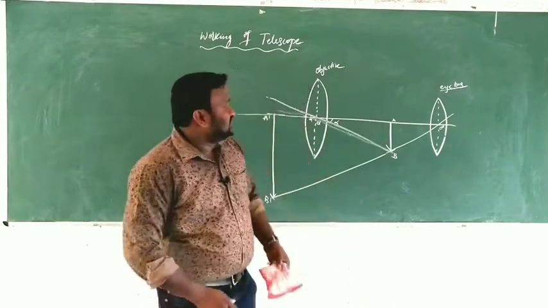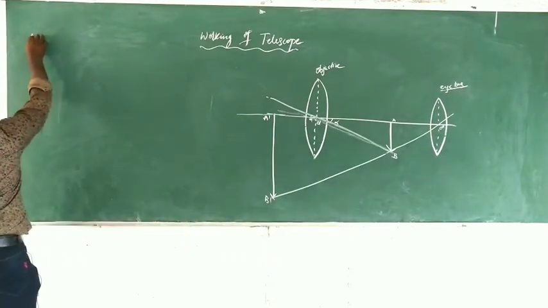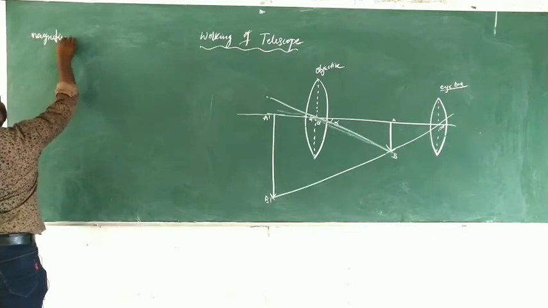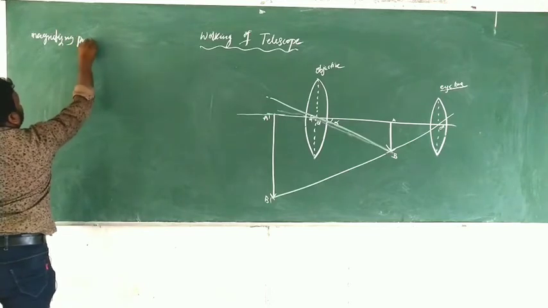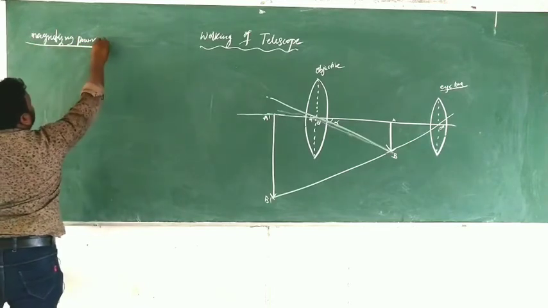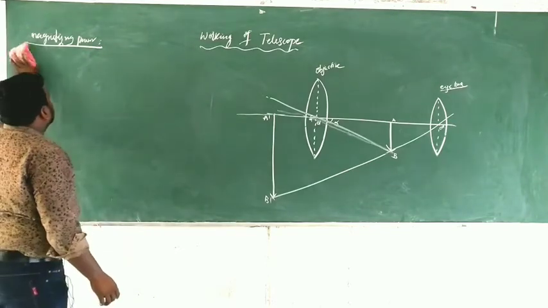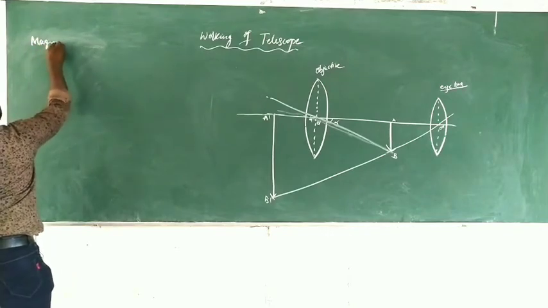So in this case, we have to derive the magnifying power. Our magnification, simply. So write this as magnification of telescope.